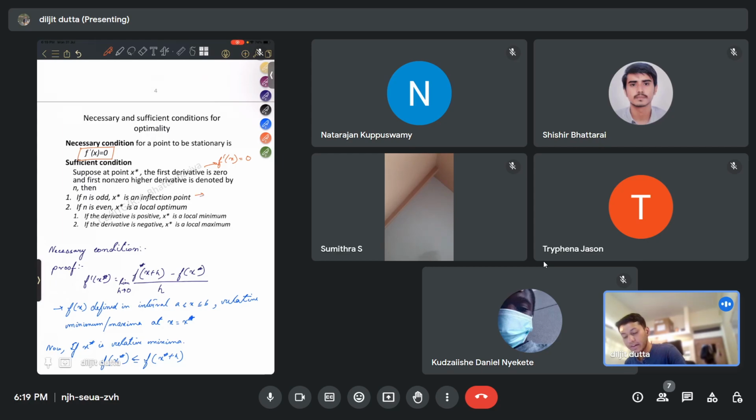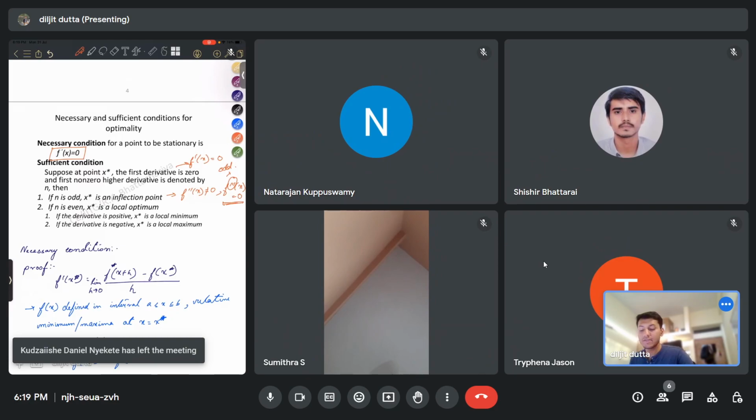Here f dash x equal to 0 and f double dash x is equal to 0, but f triple dash x is not equal to 0. It can be the third, or the fifth, or the seventh derivative. If the first non-zero derivative is of odd order, then it is called the inflection point.